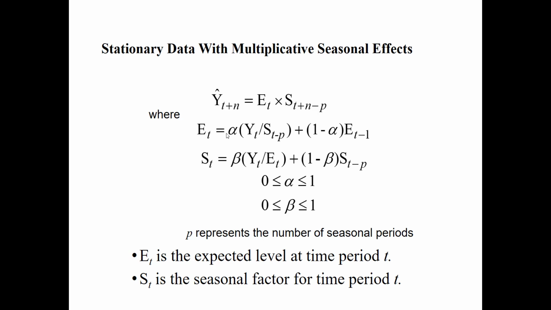Again, we are using two parameters, alpha and beta, and both of these parameters are in the range. Everything is similar to the additive except that these signs are changing.